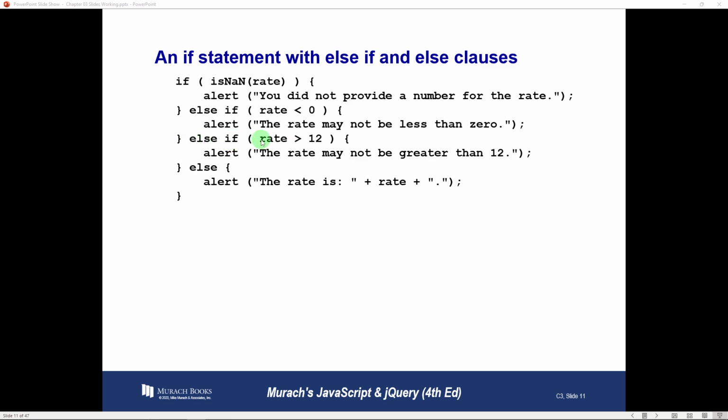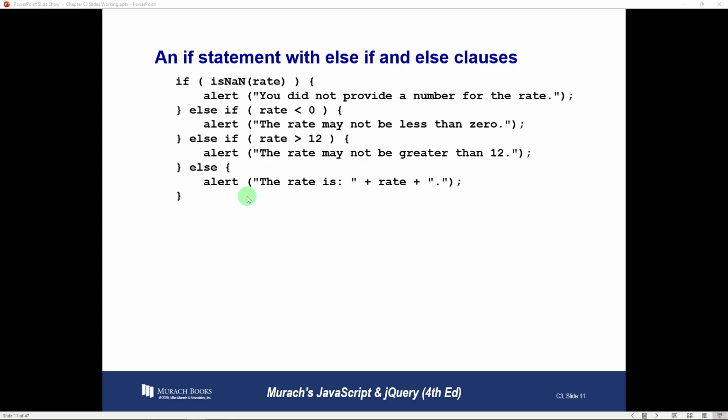Then I'm going to check to see if the rate is greater than 12. Okay? And if the rate's greater than 12, I'm going to pop up an alert that says the rate can't be greater than 12. And if none of these things have tested true, the final thing, the else statement, will execute that says the rate is, and print out the rate. All right. So it's a string of conditional tests. We keep going down the string testing until we find one that's true.